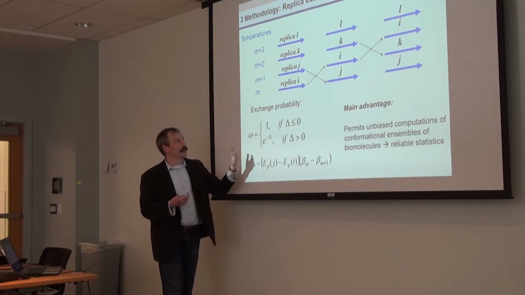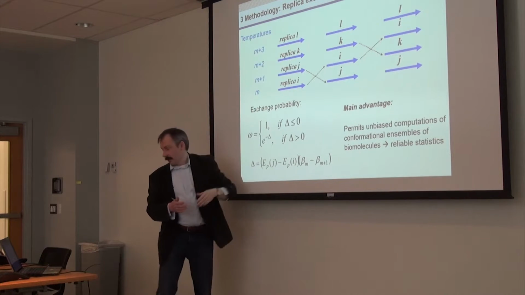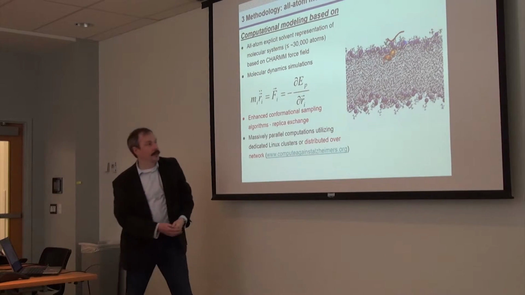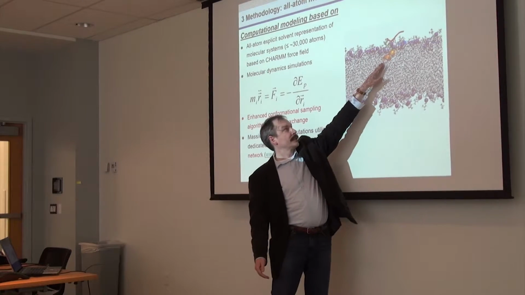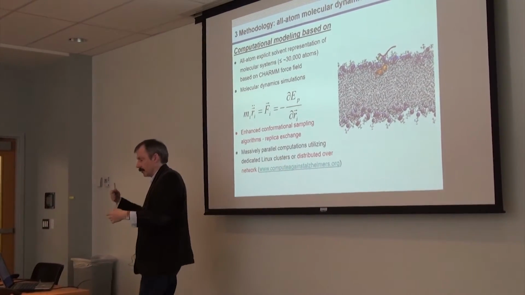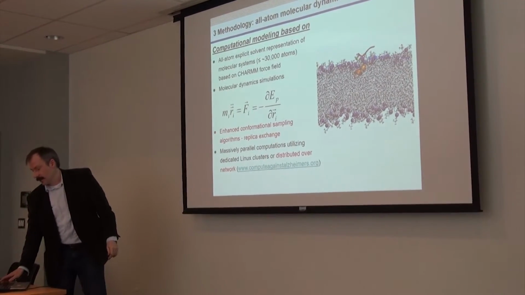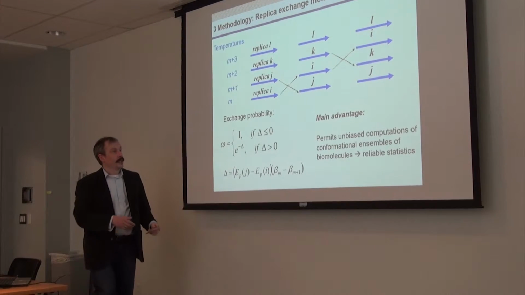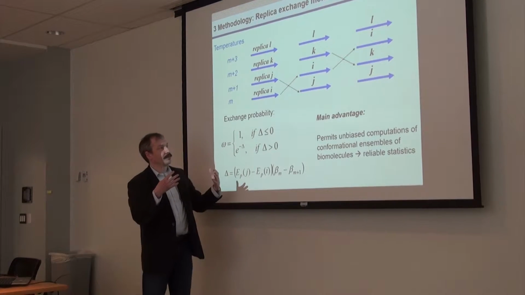The reason is this: when the temperatures are high, these types of structures can be easily interconverted. For example, this helix can dissolve, open up, so the peptide can unbind or bind deeper in the membrane. So it means that you have a diversity of conformations.